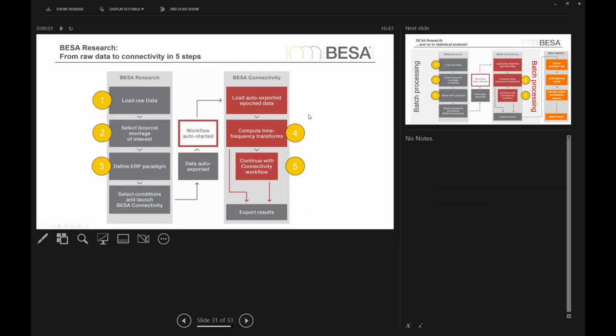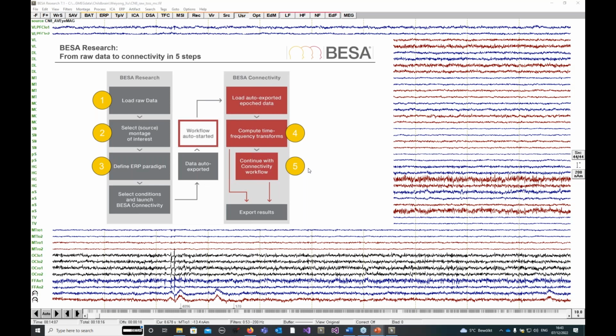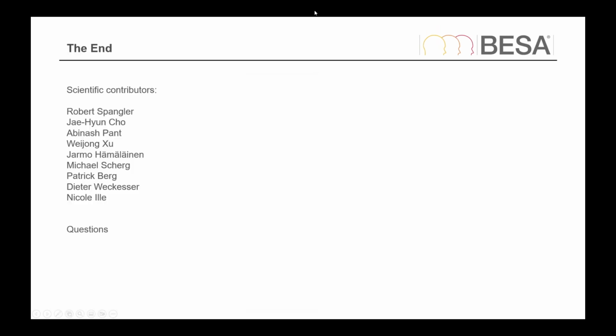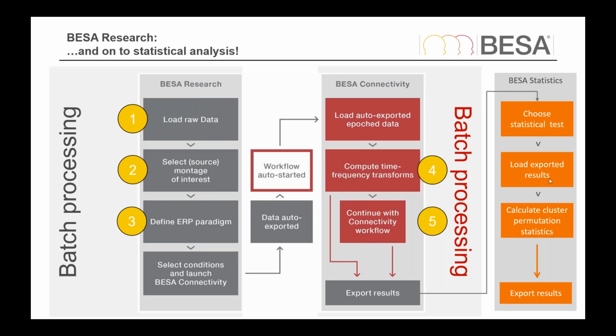Just one more thing that is worth mentioning: I can also use the batch processing in Blazar Research, and that will then allow me to do multi-subject analysis on basically an arbitrary number of subjects.